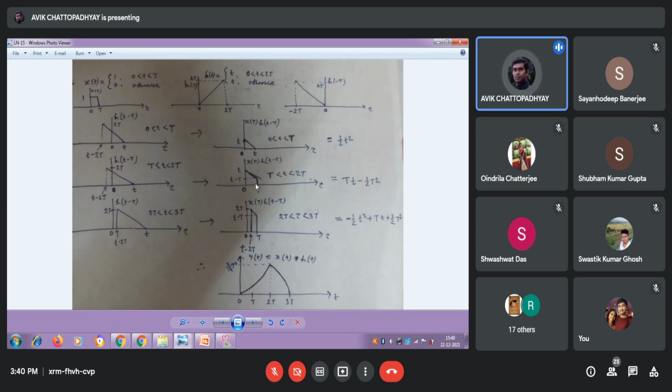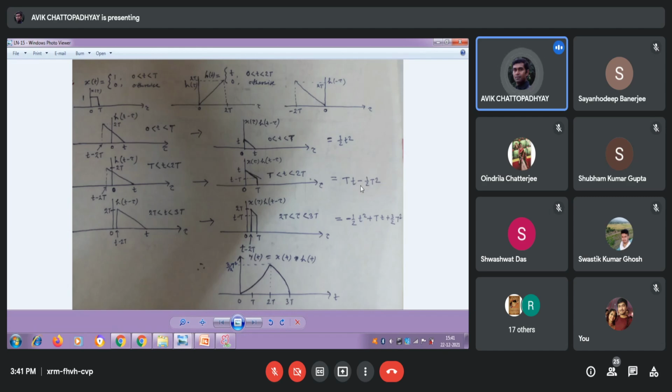That is why the shape would look like a trapezium. Some part of the triangle is cut, so it is just a trapezoidal shape. Obviously, you can divide it into two parts: the upper portion is the triangle, and the lower portion is the rectangle. In this way they have calculated the area of this trapezium.